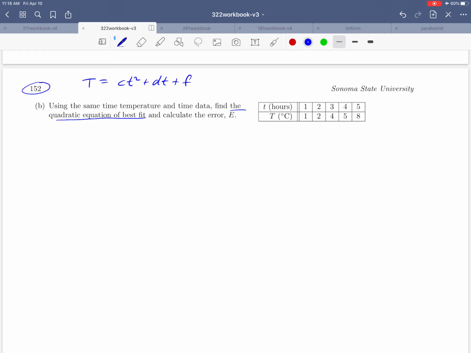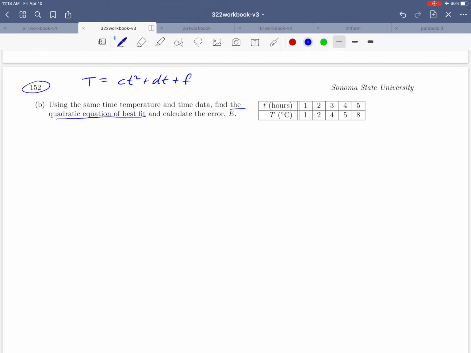If we start with the hypothetical assumption that there were a parabola that went through all of those data points, we'd start by observing that the first output value we would get is by plugging the first input value into our function. So we'd get c times 1 squared plus d times 1 plus f. Then we just do that for all the rest of the data points. 2 would be c times 2 squared plus d times 2 plus f. We keep going until we get to our last data point.